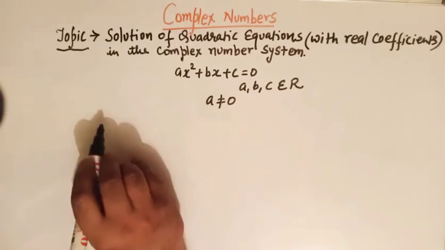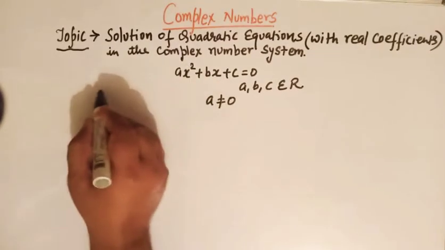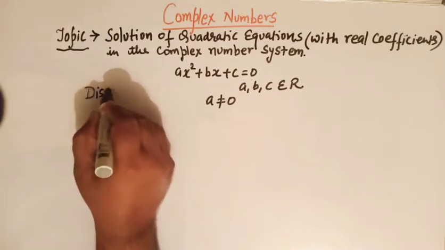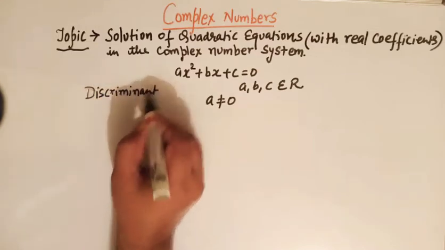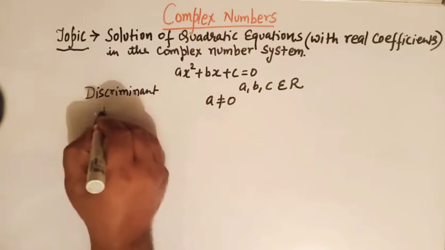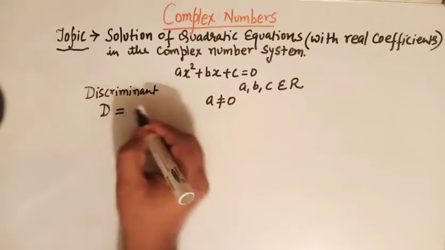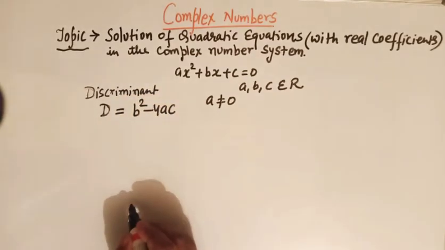So in our earlier classes we have seen that the discriminant of this quadratic equation is given by d is equal to b square minus 4ac, right?